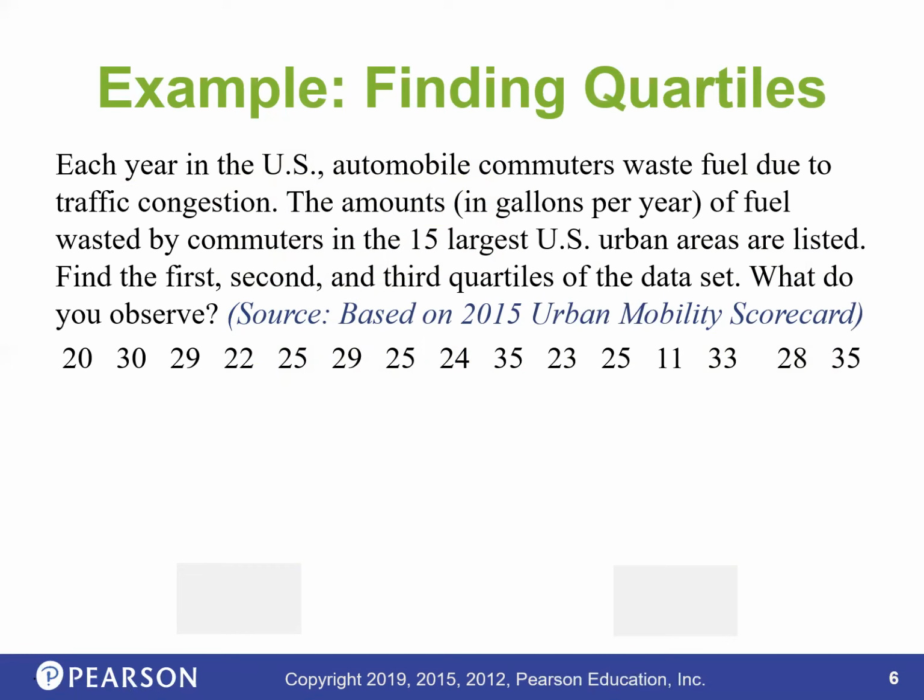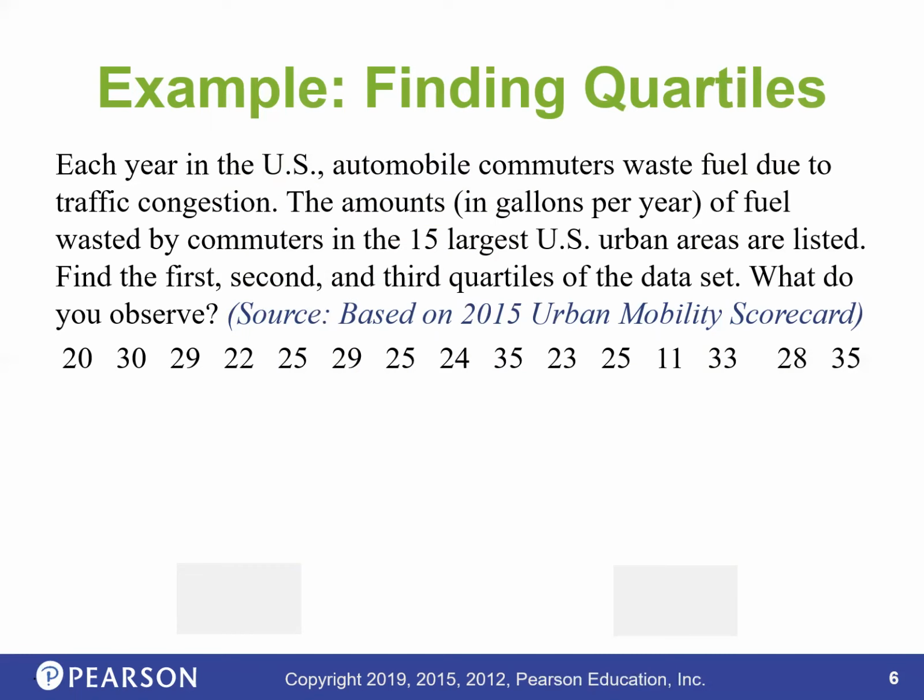Okay, so this is the fuel wasted by commuters in the 15 largest U.S. urban cities listed. So the first, second, and third quartiles of data are given. And my question is, what do we observe? So let's do this here. Can we, first of all, write these guys in order?